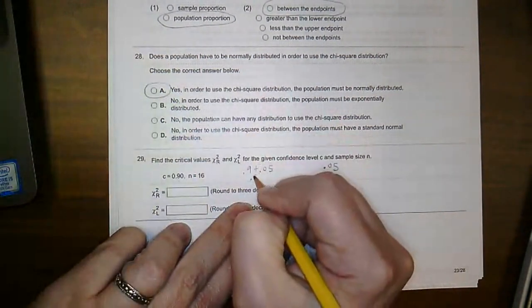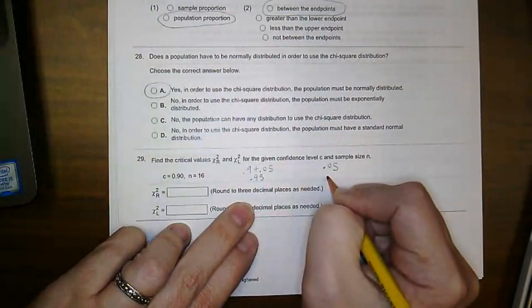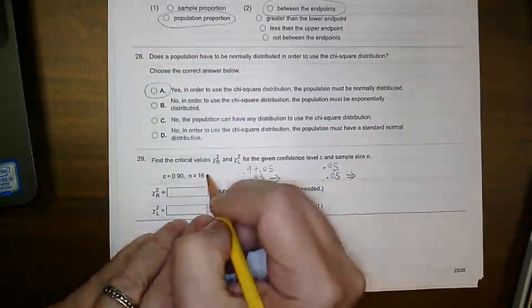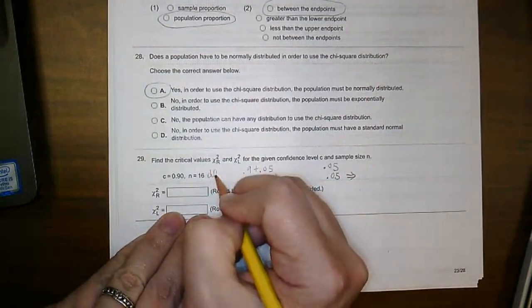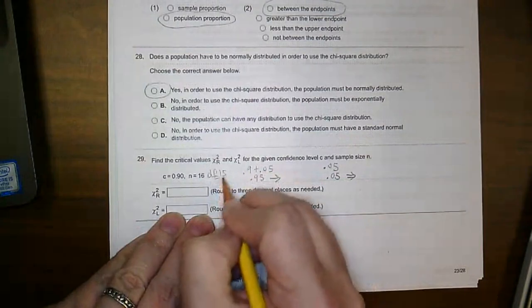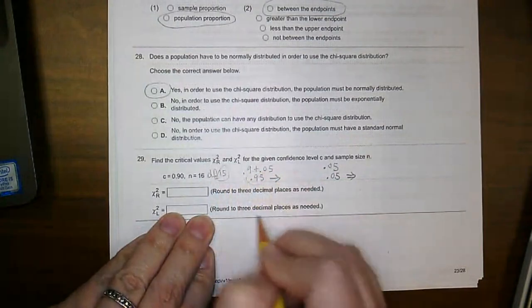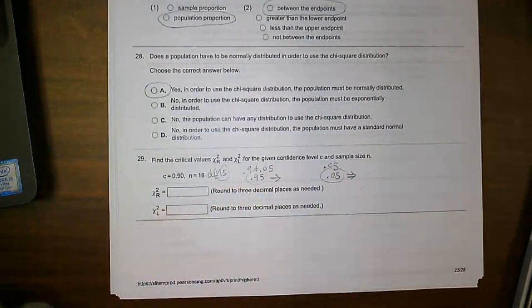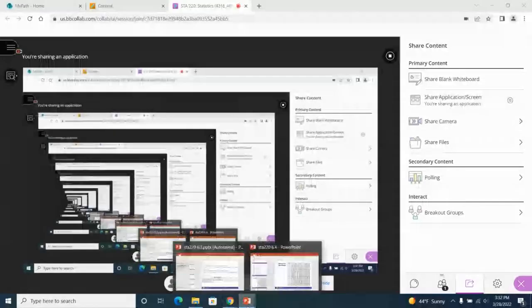Okay, basically this one is 0.95 and this one is 0.05. And my N is 16, that means my degrees of freedom is 15. So I'm going to be looking at 15 with 0.95 and then 15 with 0.05. Okay, here's the chart.